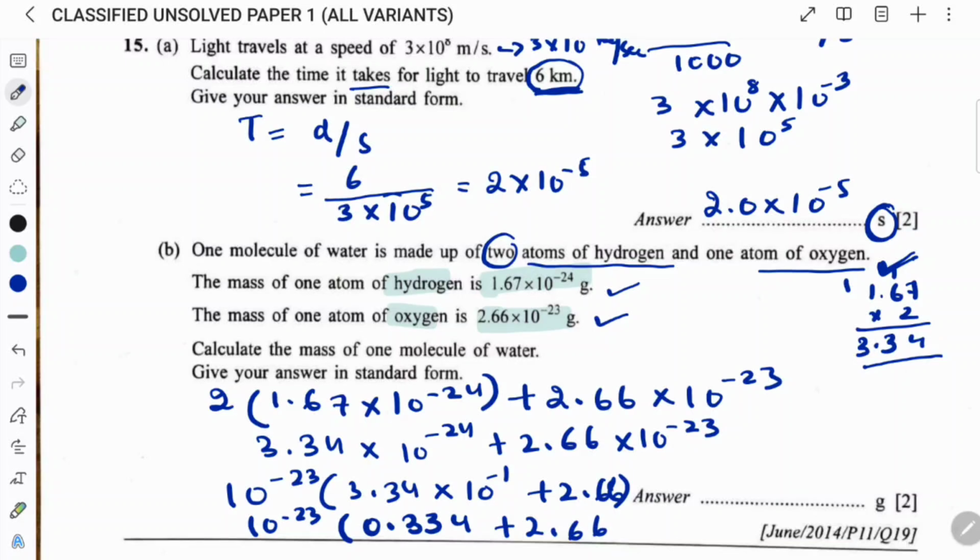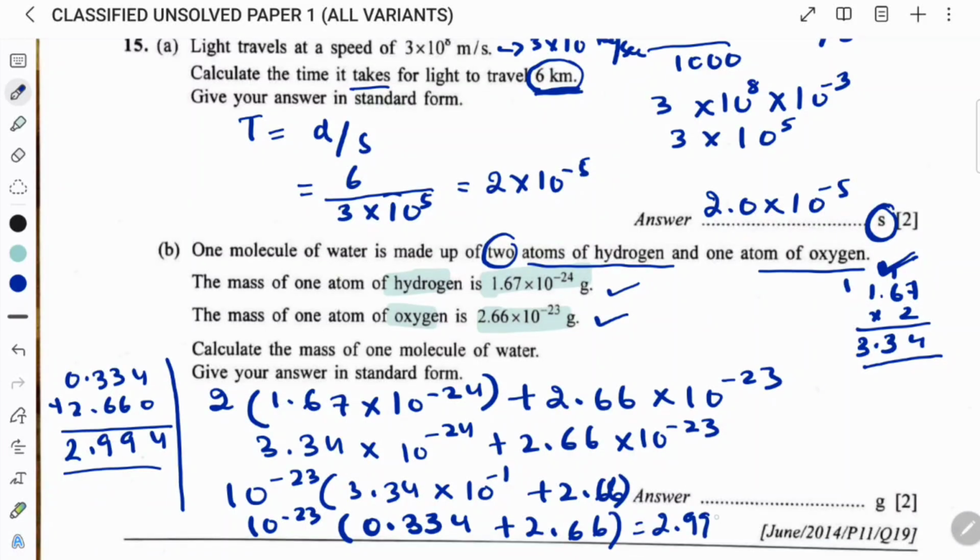Okay, now I'm going to do it here. 0.334 and then 2.66, put 0 over there, and we are just adding. 0 and 4 is 4, and then 9, 6 and 3, 9 again, and 2.994. That is 2.994 into 10 to the power minus 23. No need to do more because it's already in standard form.